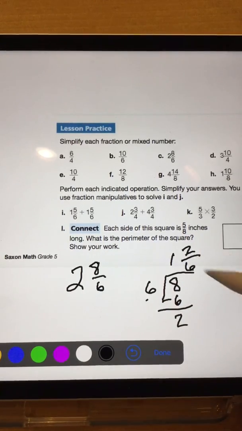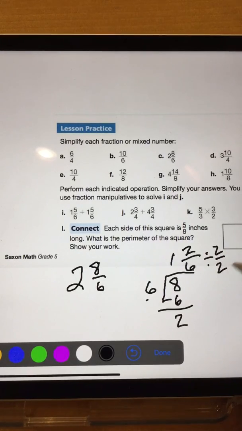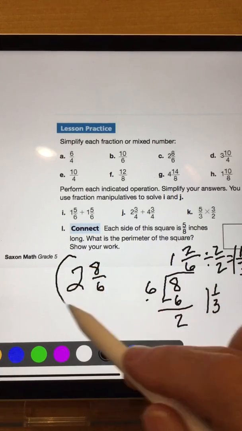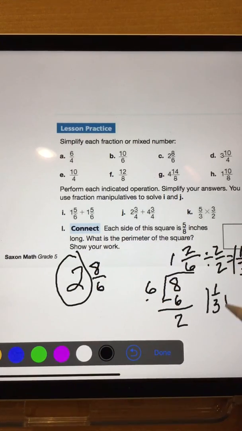I can reduce this by dividing both by 2. 2 divided by 2 is 1, 6 divided by 2 is 3. So I have 1 1/3, and I can't forget my whole number of 2, plus 2 gives me 3 1/3.